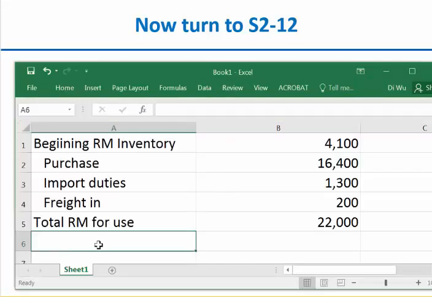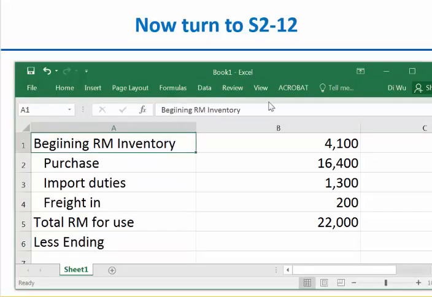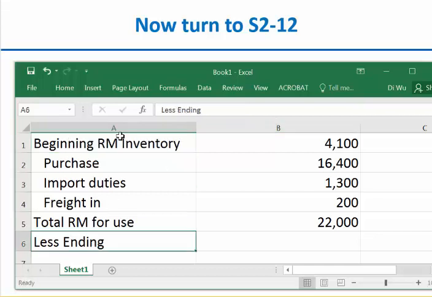So I'm going to subtract the ending, sorry, I have a typo here, it should be the less ending raw materials inventory balance.